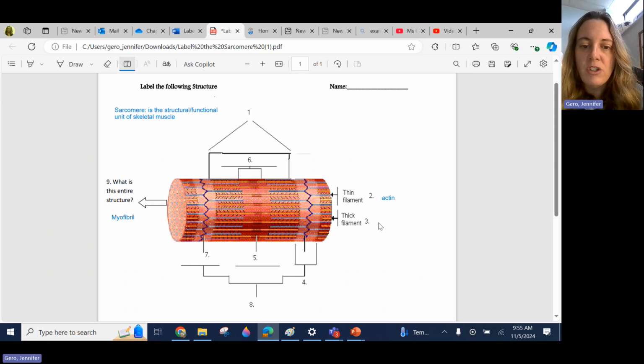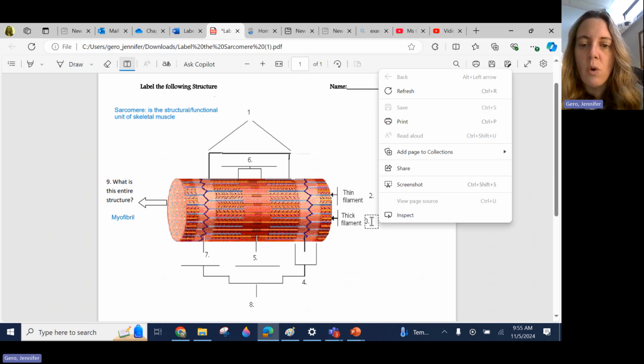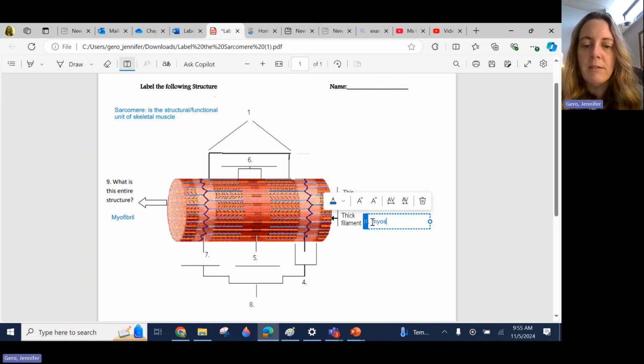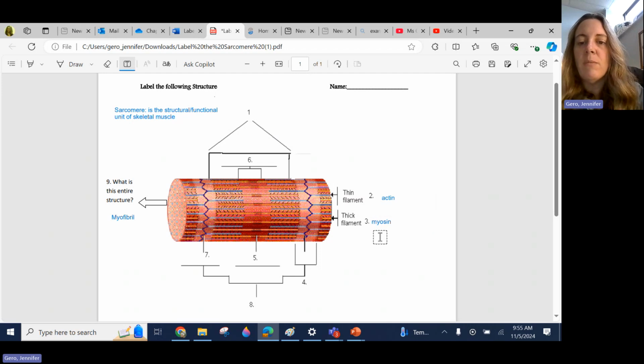The thick filament is shown here in a reddish orange, and that is myosin. So I think about thin filament, actin, actin. Mighty myosin is the thick filament. Okay, so we are going to talk about the arrangement of actin and myosin that makes the sarcomere, which is the structural and functional unit that contracts.